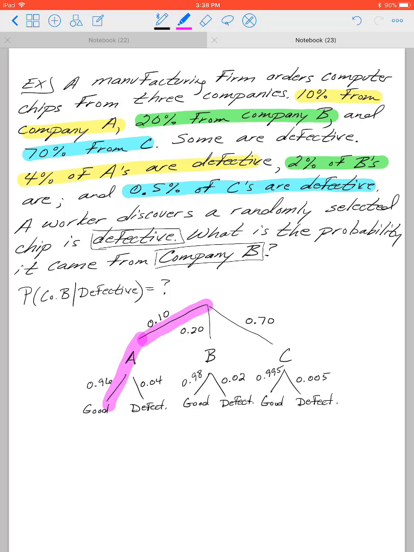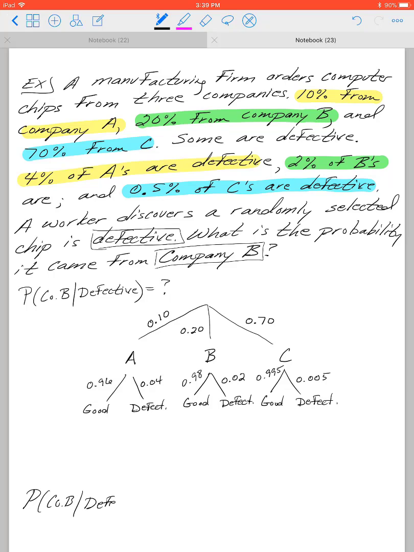Now, of course, we have conditional probability here. So actually, I think the tree was pretty fun, but maybe the difficulty here is coming from knowing what Bayes' rule is and remembering how to use that. All right, so let's write that out one more time. Probability company B, given that we already know the chip is defective.